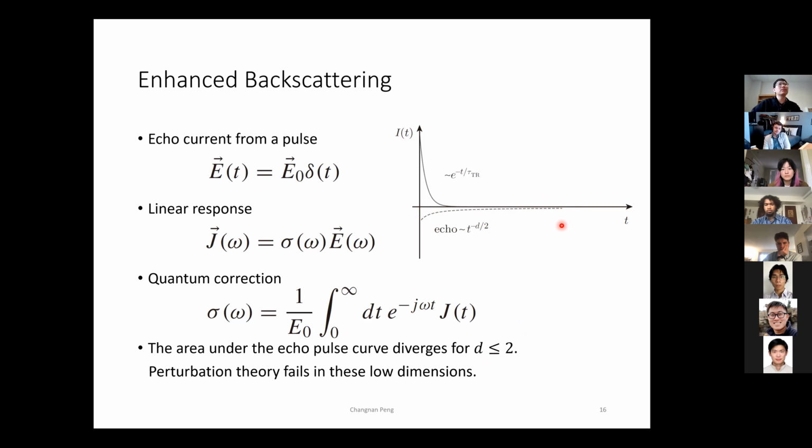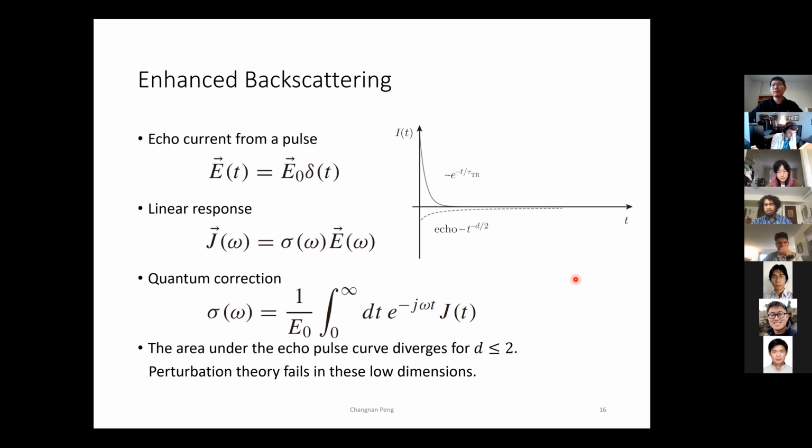But for D greater or equal to 3, we have a finite correction to the conductivity. It means in 1D or 2D our perturbation actually fails, and we will have some non-perturbative correction to the conductivity. But in 3D, we have a finite correction.